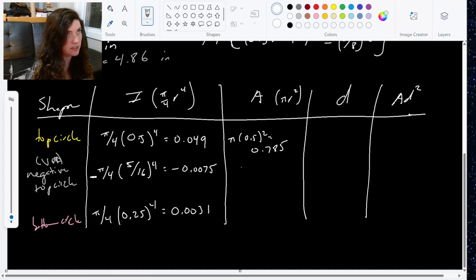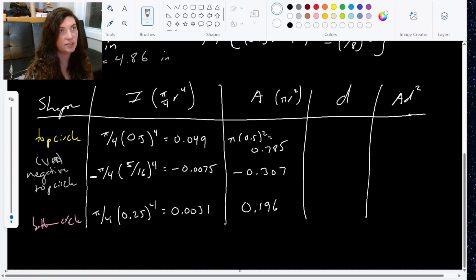Pi times 5/16 squared gives me 0.307. Again, this area is going to be negative because this is a void, right? The center here is a void. Not there, gets negative, subtracted out. And finally, my bottom circle is pi times 0.25 squared, 0.196.